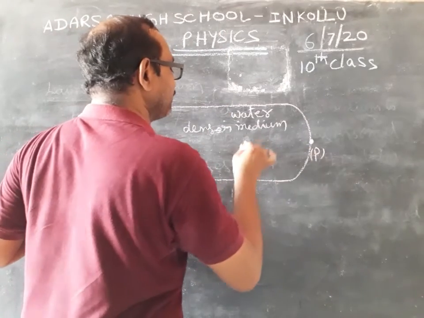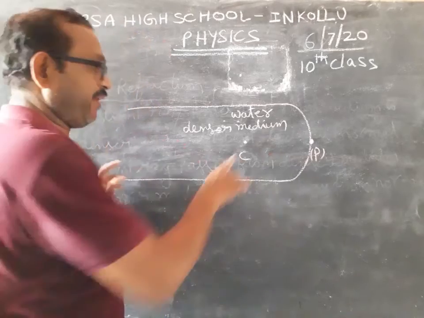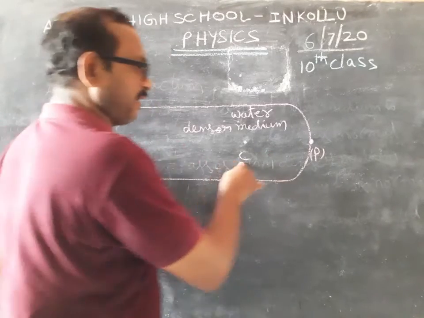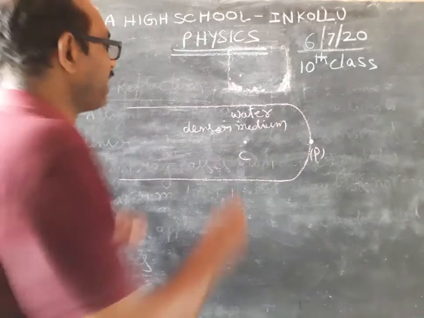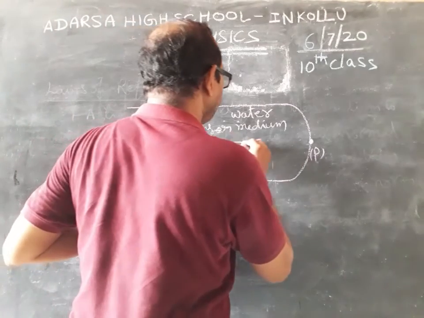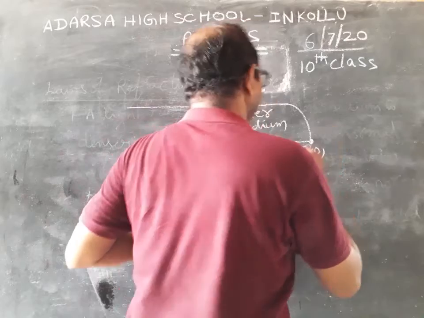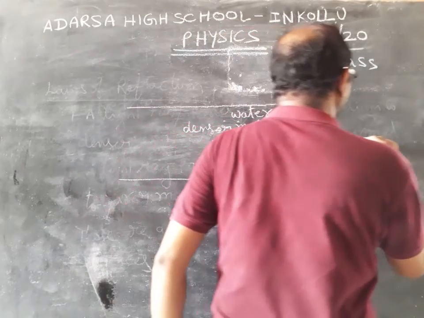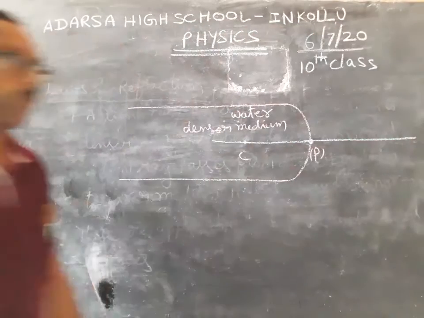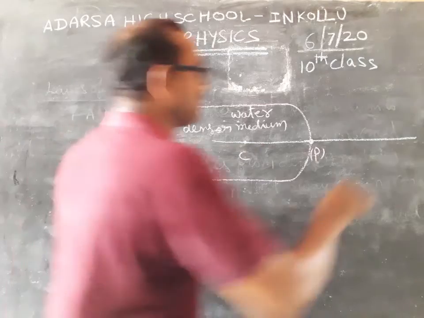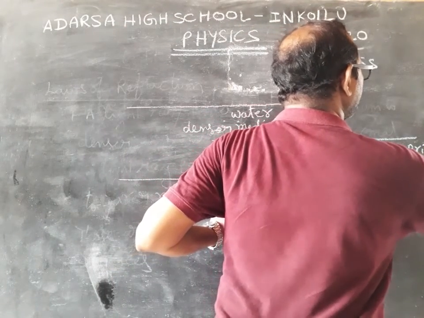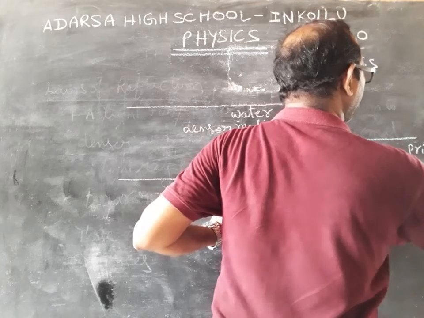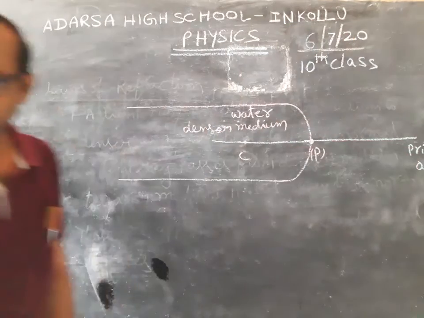What is this one? Center of curvature. C for center of curvature, P for pole. The imaginary line which is passing from center of curvature to pole is known as the principal axis.